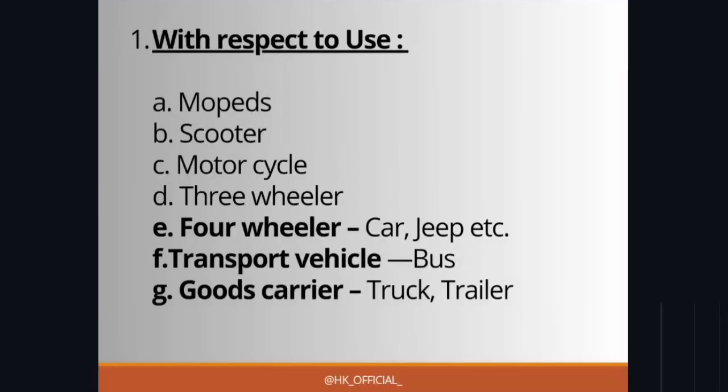First you can take mopeds, then scooter, motorcycle, three-wheeler, four-wheelers like car, jeep, then transport vehicle, then goods carrier, truck, trailer, etc. According to the use, if you have to travel and you are only one or two persons, then you can use a two-wheeler. If there are more than two people, then you can use a four-wheeler or three-wheeler. If you have to transport something, you need much space and capacity, so you can use a transport vehicle, goods carrier and all. So these things are with respect to use.